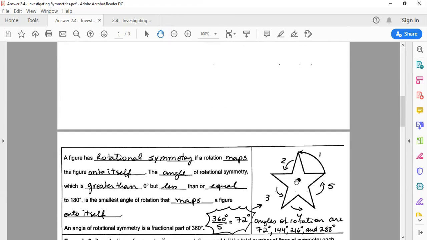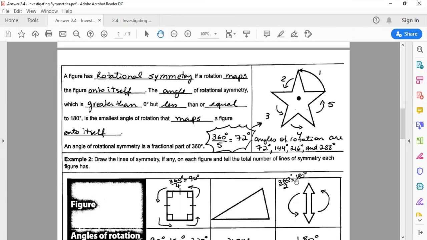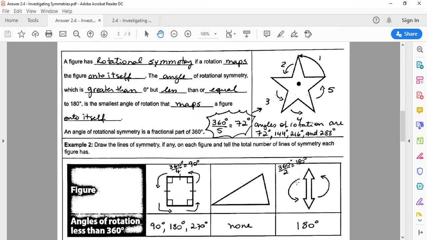Let's check rotational symmetry. A figure has rotational symmetry if a rotation maps the figure onto itself. So again, we're rotating a figure and mapping it onto itself, which means it has rotational symmetry.